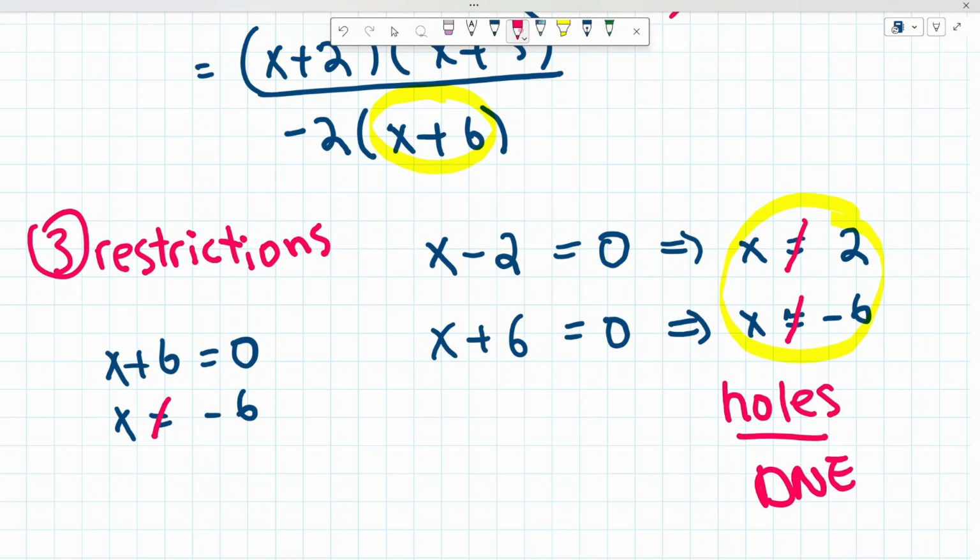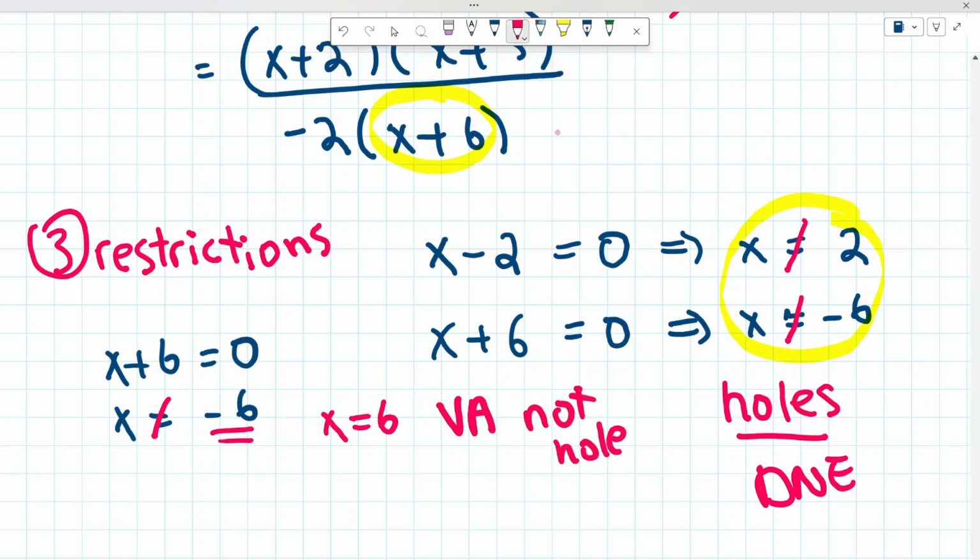But wait a second, we thought that was a hole. But in this case, we actually had two factors of x plus 6. We canceled out one, but we still have another. Since we have a remaining x plus 6 on the denominator, that means x equals negative 6 is the equation for the vertical asymptote, and it's actually not a hole.